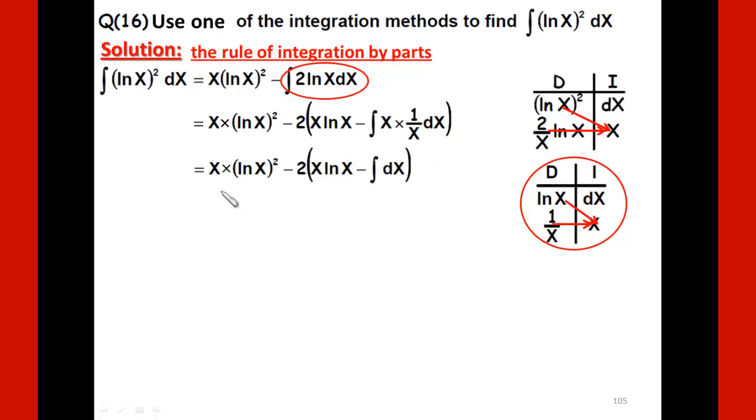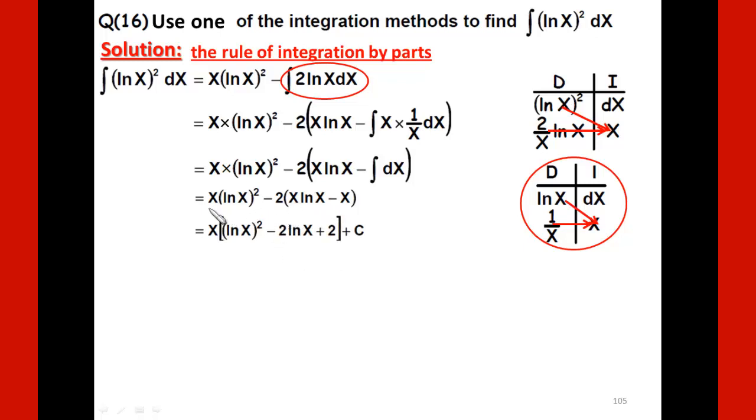So we have x multiply (ln x) power 2 minus 2 multiply x ln x minus the integral of x multiply 1 over x, which equals 1. 1 multiply dx equals dx, and we make the integration again. The integral of dx is x, and we take x as a common factor.